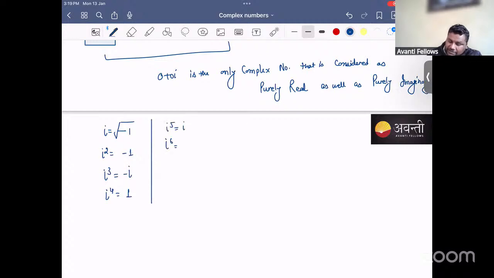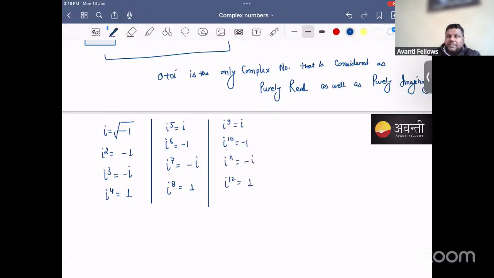Iota to the power 6 is minus 1. Iota to the power 7 is minus iota. Iota to the power 8 is 1. In the same manner, iota to the power 9 is iota, iota to the power 10 is minus 1, iota to the power 11 is minus iota, and iota to the power 12 is 1.